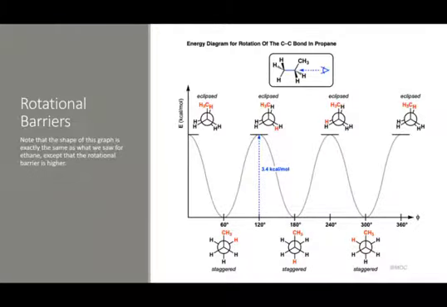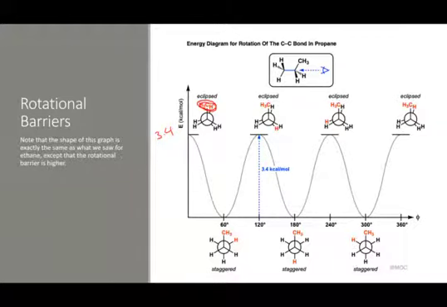So an energy diagram for propane instead of ethane still looks kind of similar to ethane. We see that when it is in an eclipsed position and we have a methyl interacting with a hydrogen, we have this 3.4 kilocal per mole torsional strain.